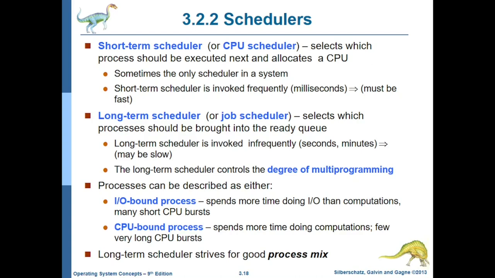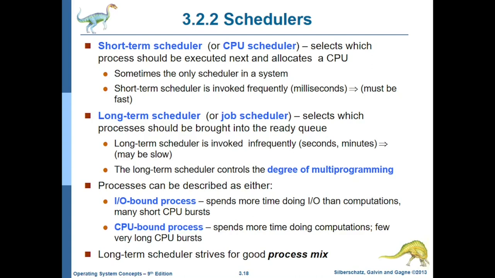Processes can be described as either I/O bound or CPU bound, depending on their behavior and resource requirements. An I/O bound process spends most of its time doing I/O rather than computation and has many short CPU bursts. An I/O bound process typically needs fast access to the I/O device and does not use much CPU time.